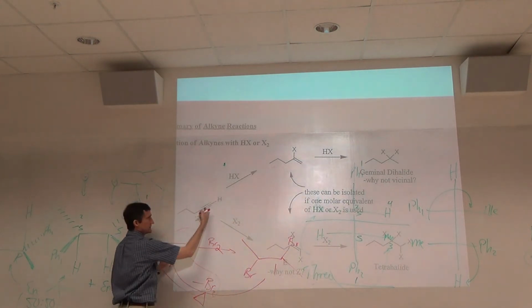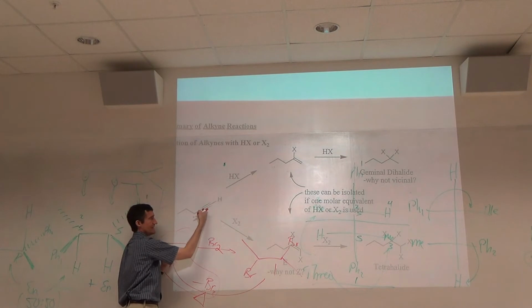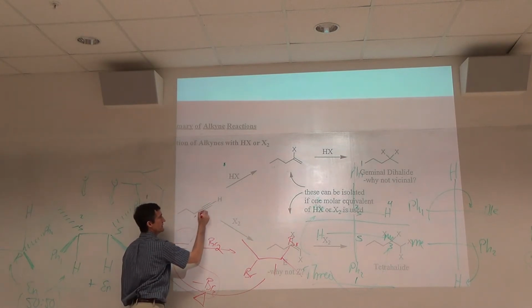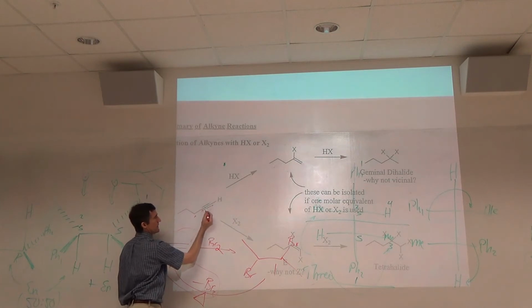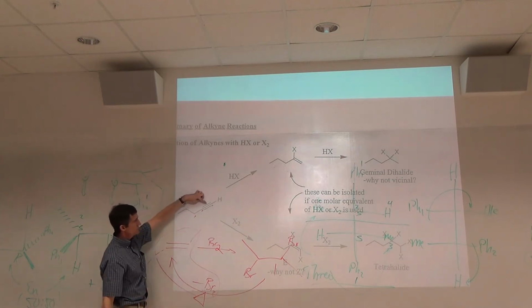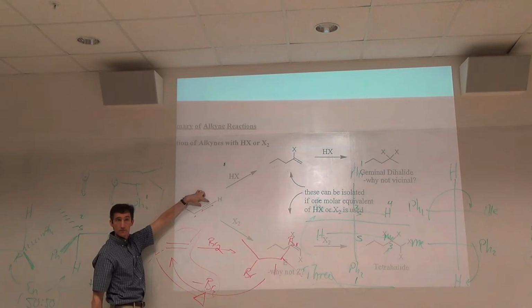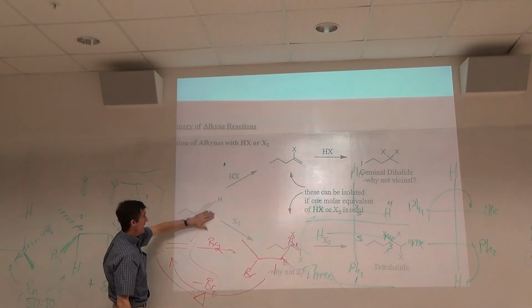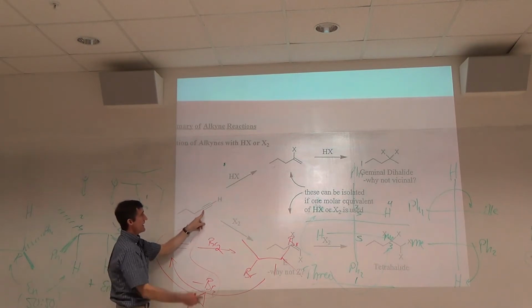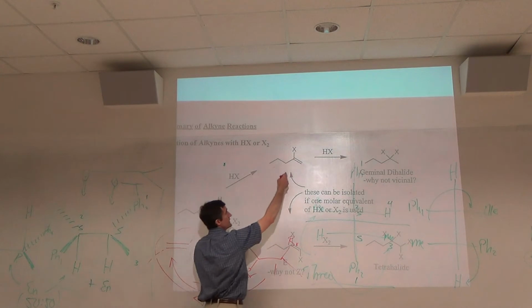Because this is linear, you often lose the carbons here. All that's linear. But when we make the cation here, we're going to leave it on the left or the right. Left, more substituted. So we make the cation over here, and then the Br attacks the cation. That's how you get the Br over here.